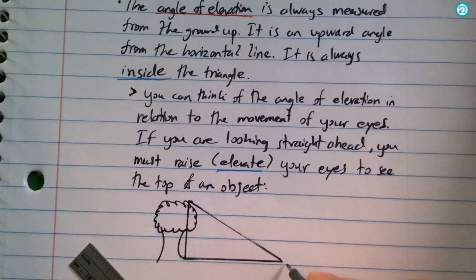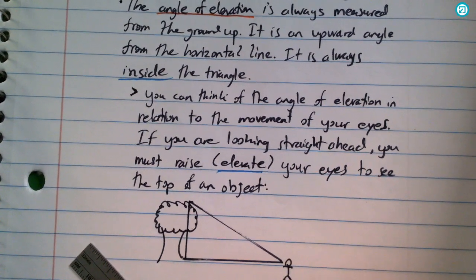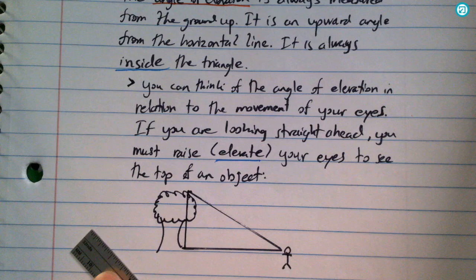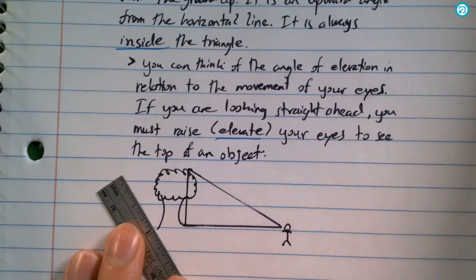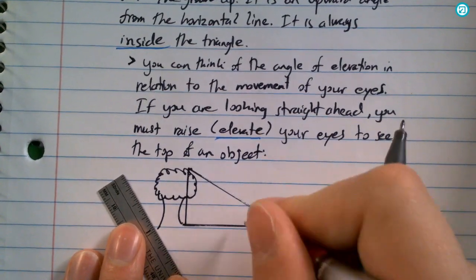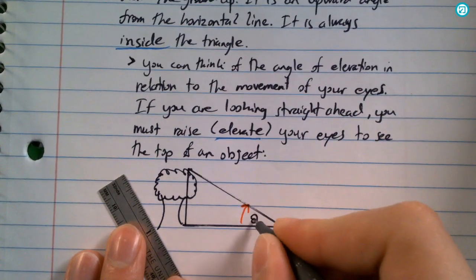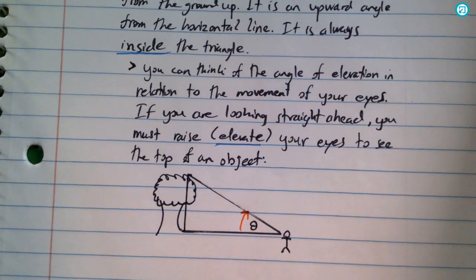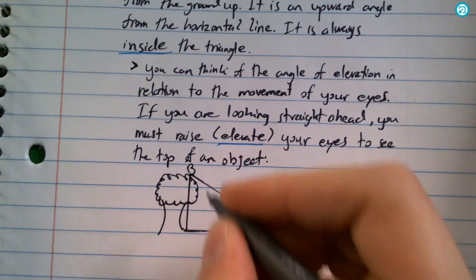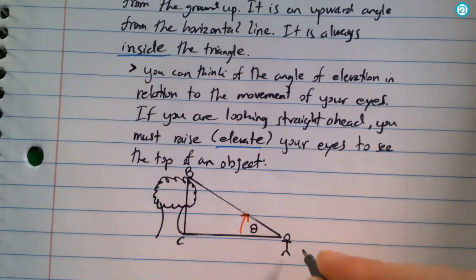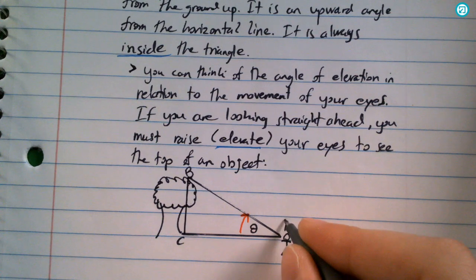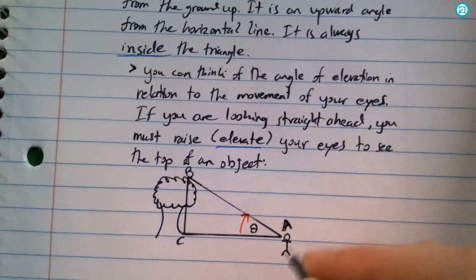Okay? I'm looking up at the tree at a certain angle of elevation, which is right here. I'm going to label that as theta. Okay? This could be triangle BCA.